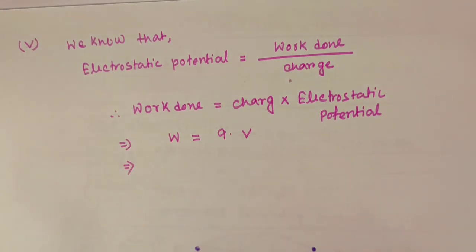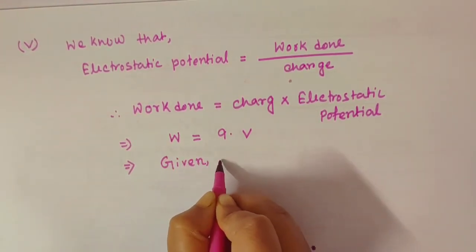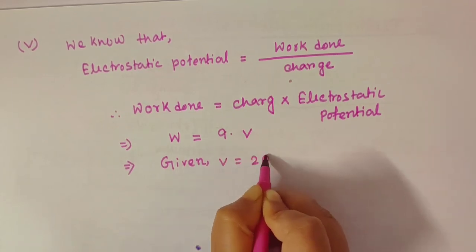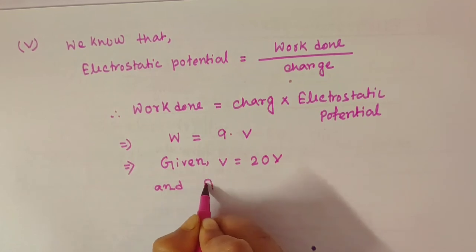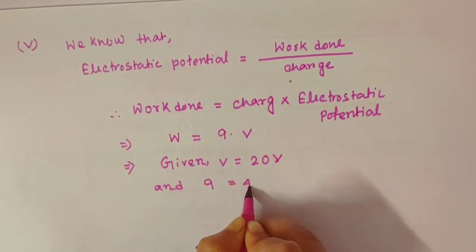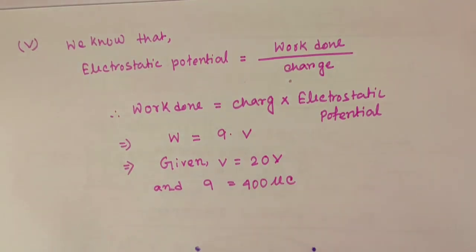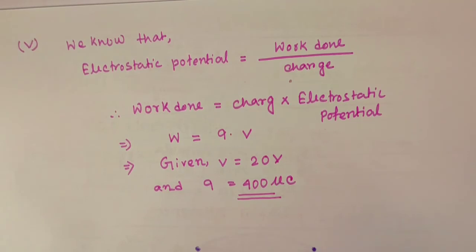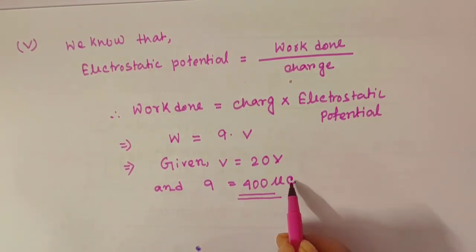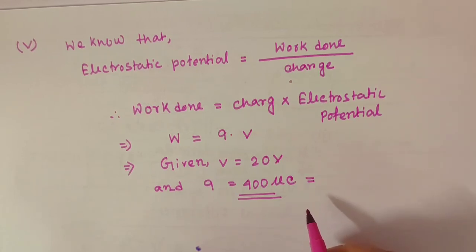Now given, V is equal to 20 volt and Q is equal to 400 microcoulomb. Now see one thing, if we want to move from microcoulomb to coulomb, we have to multiply by 10 to the power minus 6.